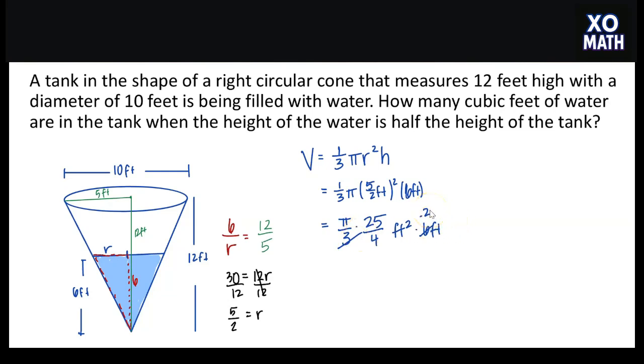I can also say, well, this 2 divides into 4 2 times. So what I'm left with is 25 pi over 2. So I have 25 pi in the numerator, 2 in the denominator, and then in total I have feet cubed left over. And since this is a volume, we do want that cubic feet, feet cubed.